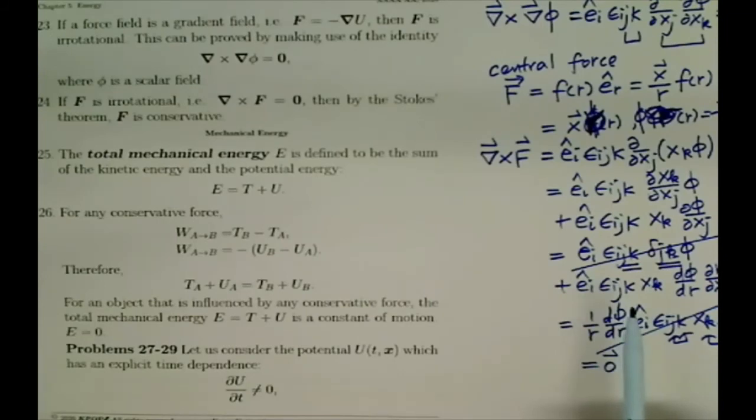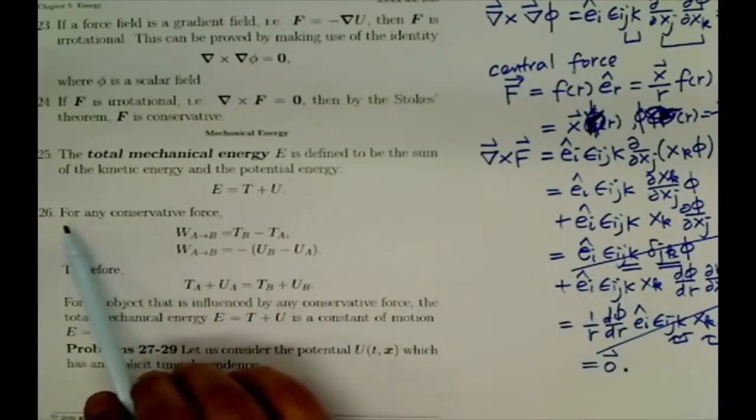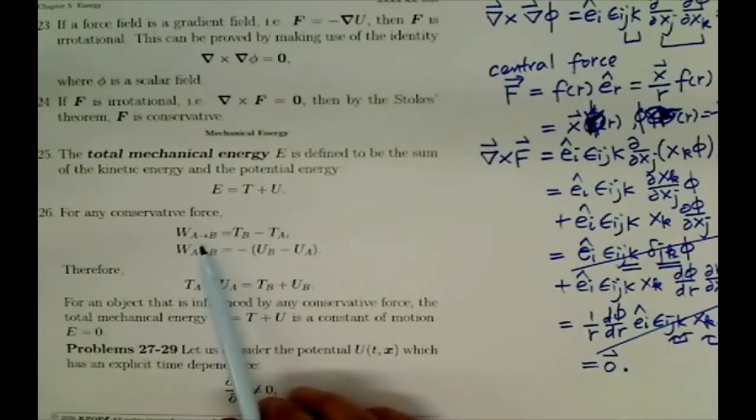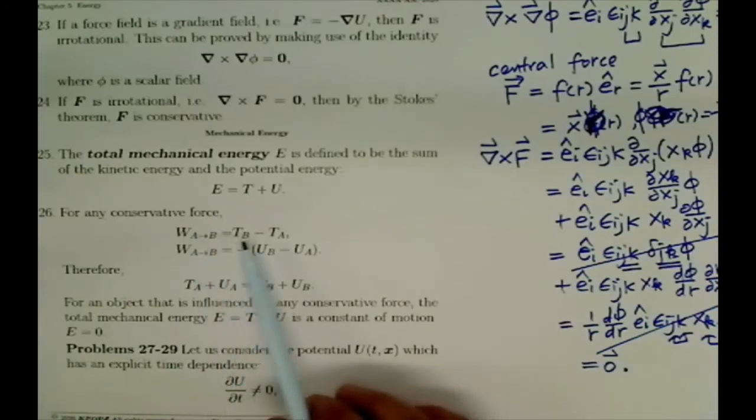Alright, so for any conservative force, work from A to B is making the difference in the kinetic energy, that is the final state B, kinetic energy at B subtracted by kinetic energy of the starting point.